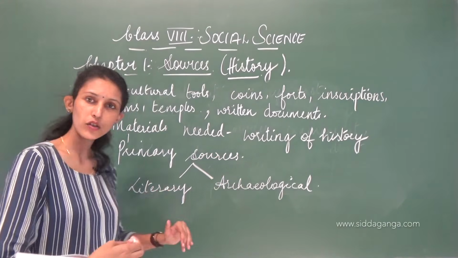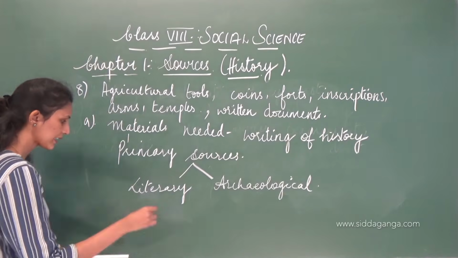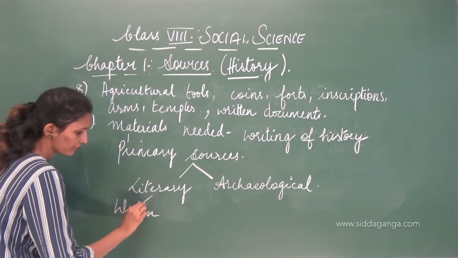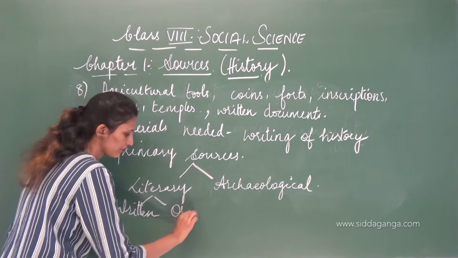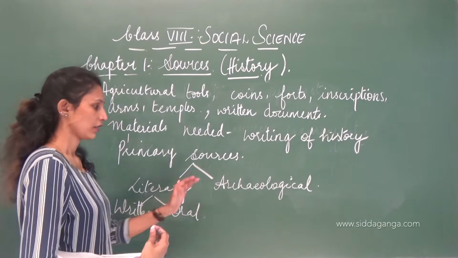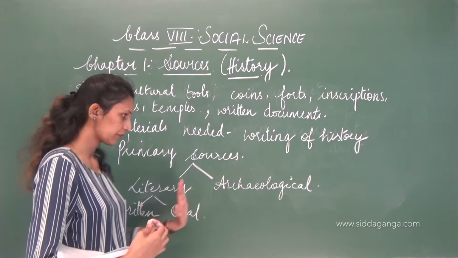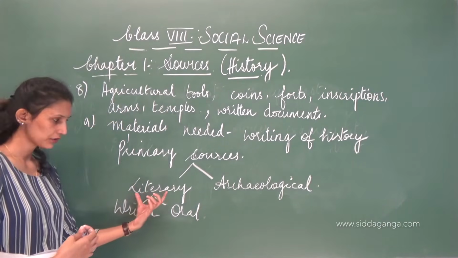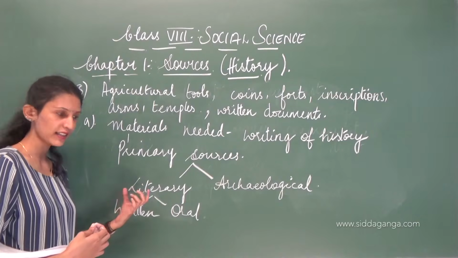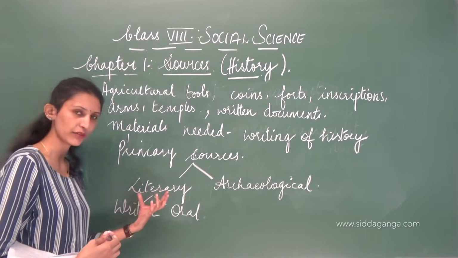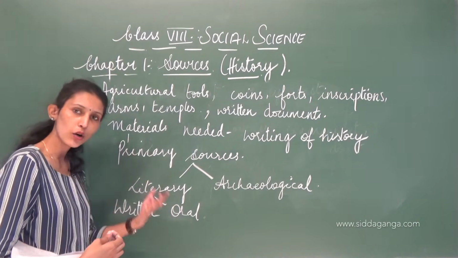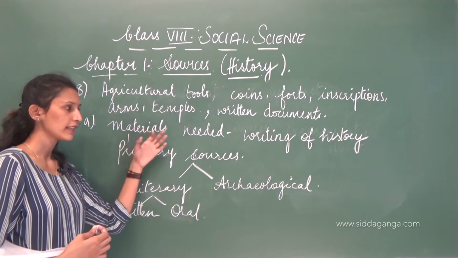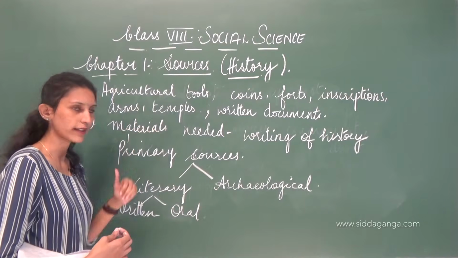Now literary is also divided into two, that is written and oral. Today we will see literary, and in the next class we go to archaeological. Now see, literature, anything that is being written down or anything that is being told, that is written and oral. Do you understand? See the point from here again.